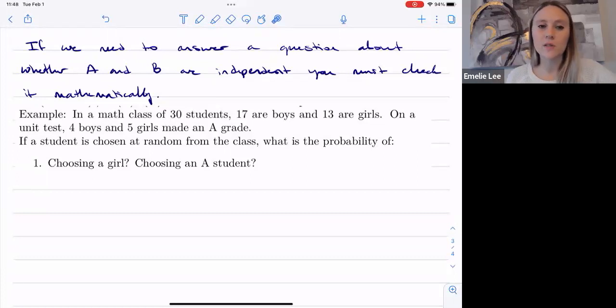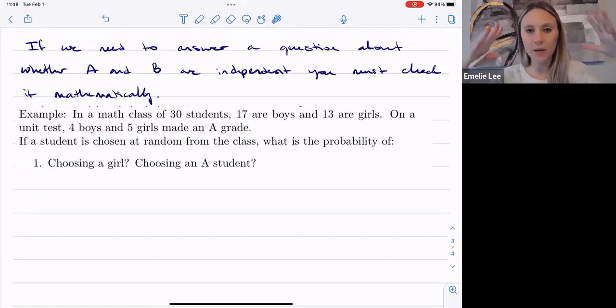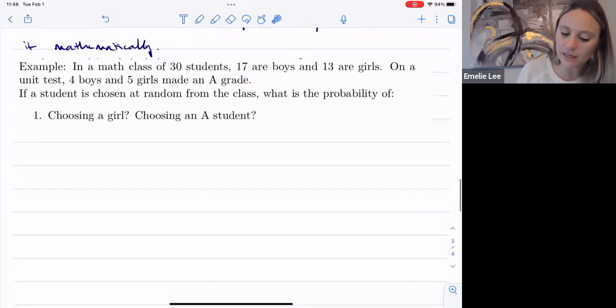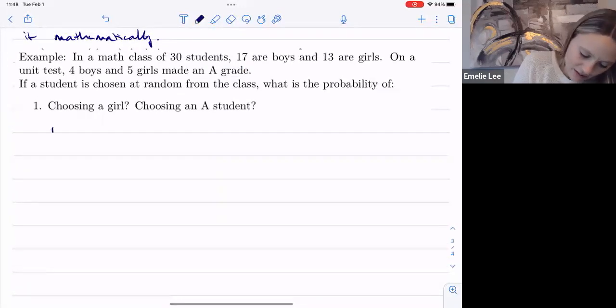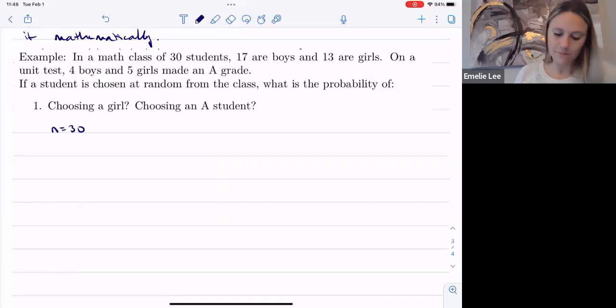One of the things that can be overwhelming is we have more than 2 pieces of information here. But I want to boil it down to just 2 pieces of information. I have a math class, so that's my sample space, and n is 30.